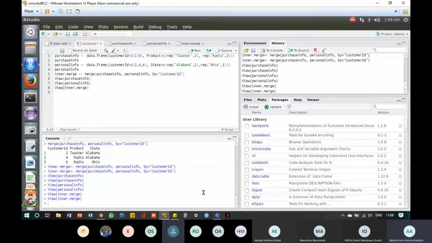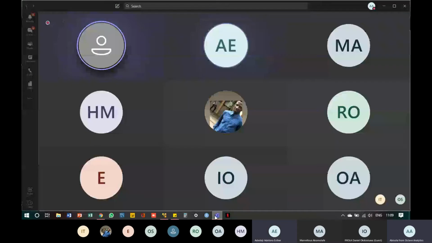If you look at your textbook, they use the equal to sign. Sorry, I'm just very used to using this sign. I can try to use the equal to sign in this class too. Any one of them would assign your variables. So inner merge is a variable. It's not a function. Thank you very much. You're welcome.